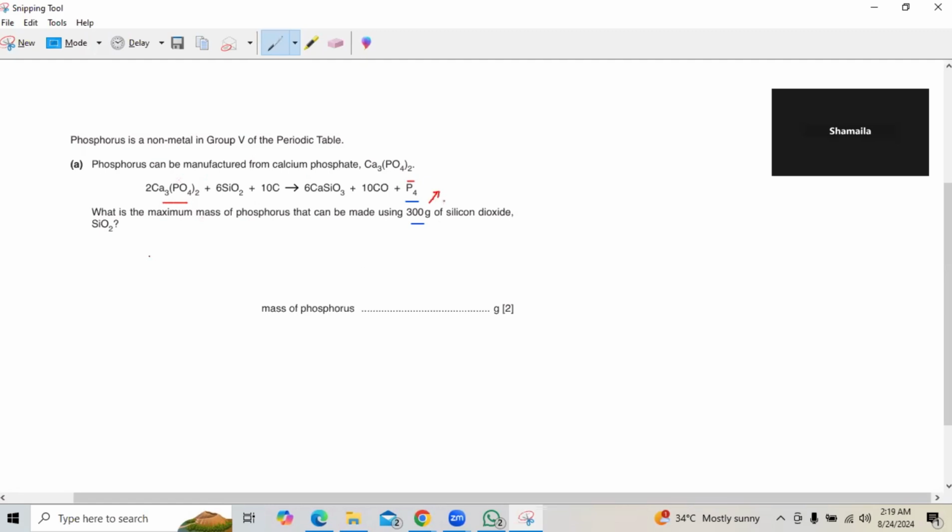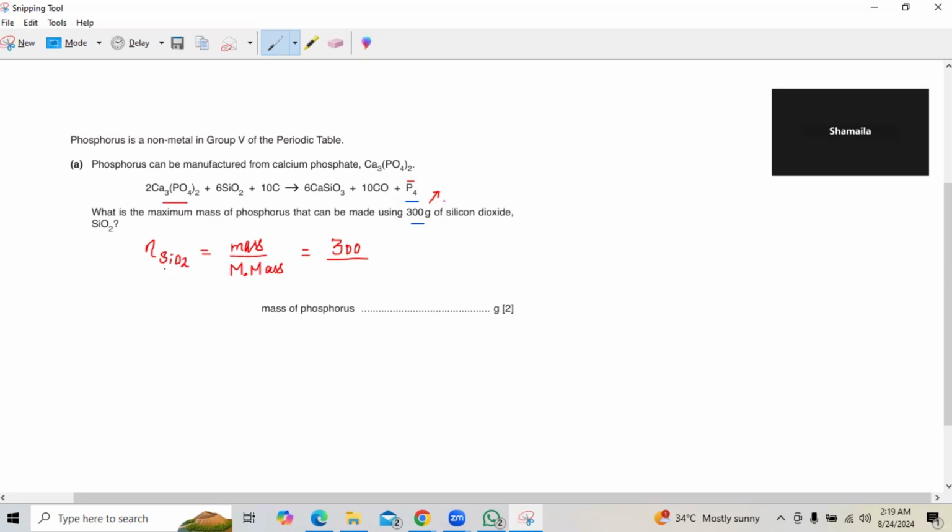So first of all, what we need to do is find the moles of SiO2, whose mass is given. The formula we have is mass over molar mass. So we have mass which is 300, and what is the molar mass for silicon?